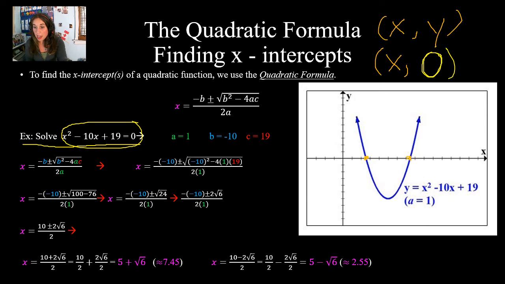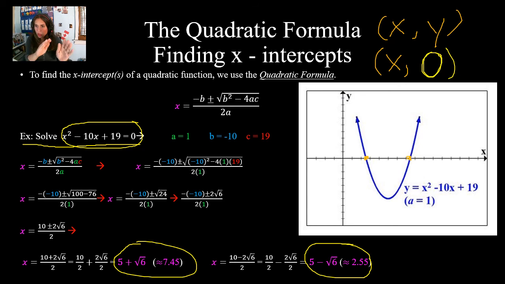So I'm going to skip ahead a little bit. I just wanted you guys to be able to see these are the two answers that I got last week when we solved this using the quadratic formula. And if you need a little refresher on how to solve using the quadratic formula, you can pause the video and look at each step. I plugged these into my calculator. They're irrational, which means the decimals go on forever and ever.